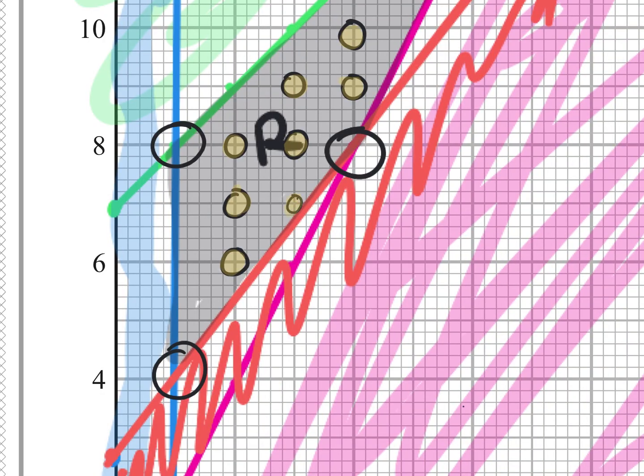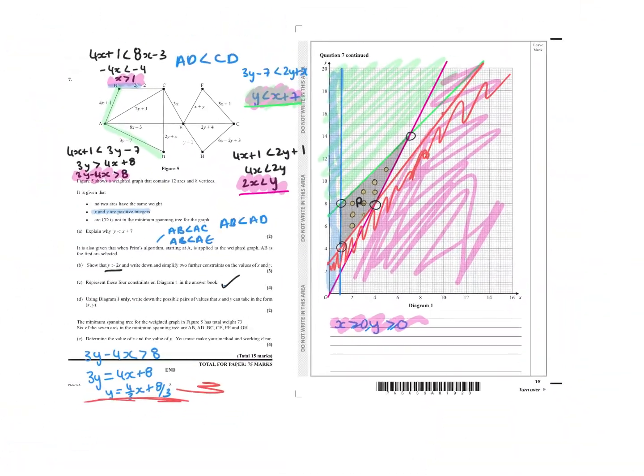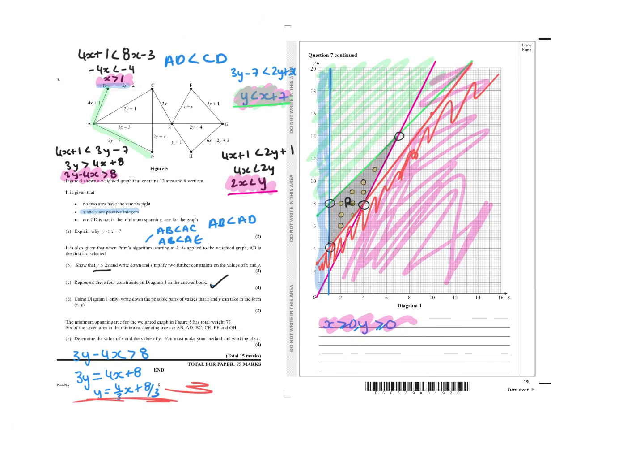Now, this is a very sneaky question, but this is really good that we've had exposure to this, because if now you have a question where your inequalities are not equal to, you know that we're only looking at integer values within the region.